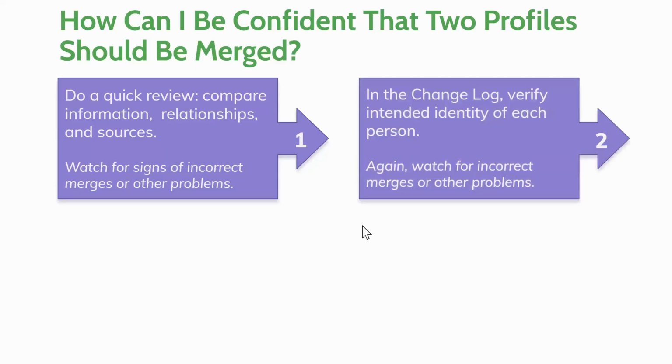So after you've done that, then the next step is to go into the change log and to verify the intended identity of each person. If that's an unfamiliar term to you, intended identity only comes into play in shared trees where different people are contributing. And basically, the intended identity is which human being the creator of the profile was trying to represent in that profile.